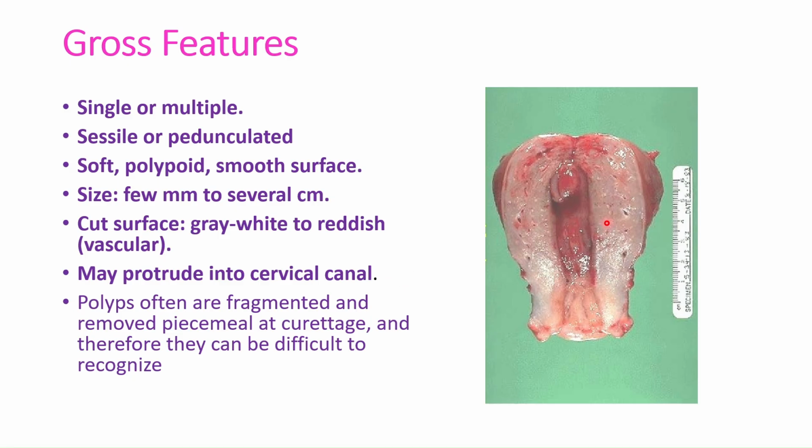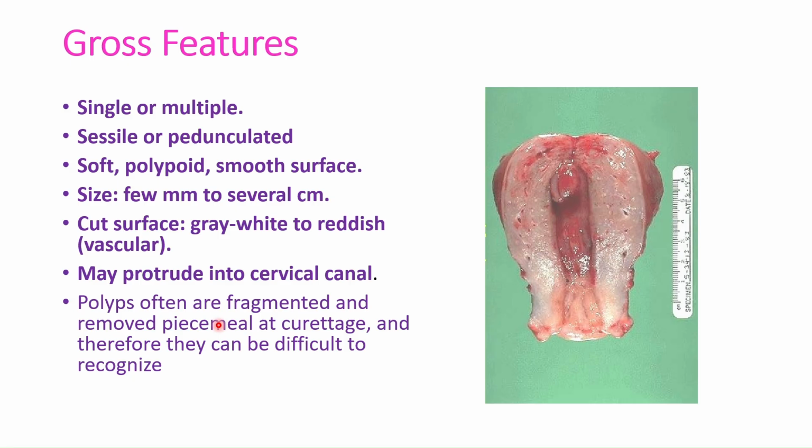Here the specimen shows a hysterectomy specimen containing a small polyp arising from the fundus of the uterus, and it is having a smooth surface. So it is easy to diagnose when there is a hysterectomy specimen.